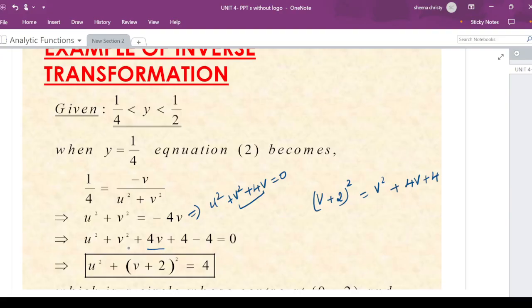So now after adding and subtracting 4, you can write these 3 terms as V plus 2 the whole square, and U square equal to, bringing this to the right hand side, plus 4. So what does it represent? It represents a circle with center 0, minus 2 and radius 2.